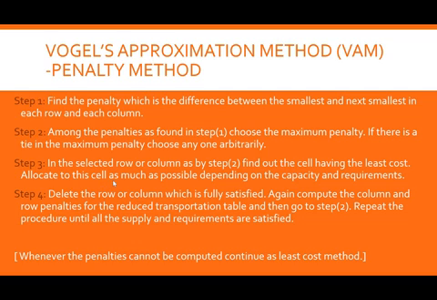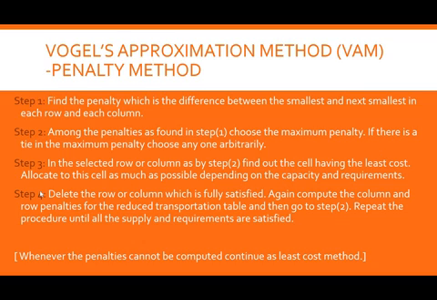Allocate to this cell as much as possible depending on the capacity and the requirement. So compare the capacity and the requirement, whichever is minimum, that much allocation has to be done in the least cost cell of the highest penalty row or column.